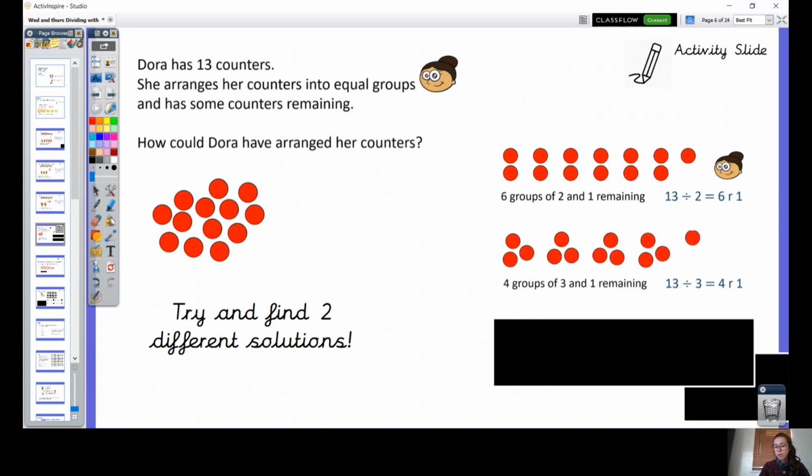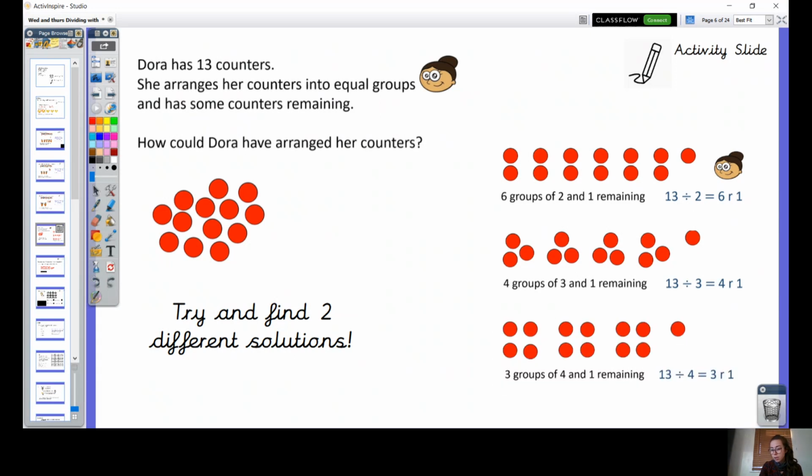You might have chosen to group them into 3s. You could have had 4 groups of 3 and 1 remaining. That would have been 13 divided by 3 is 4, remainder 1. You might have chosen to group them into 4s and had 3 groups of 4 with 1 remaining.